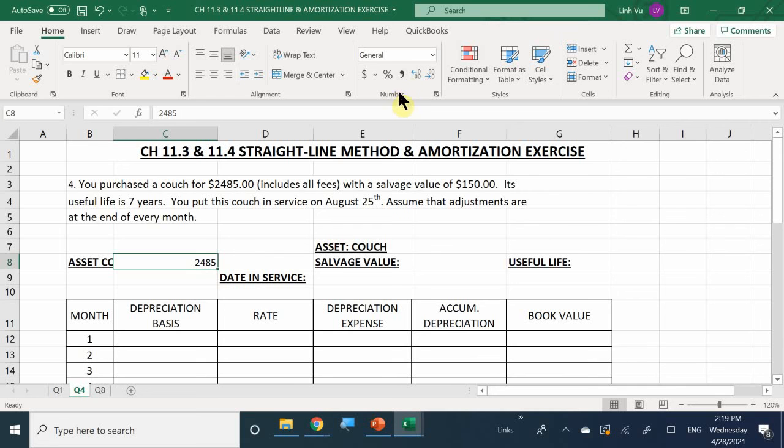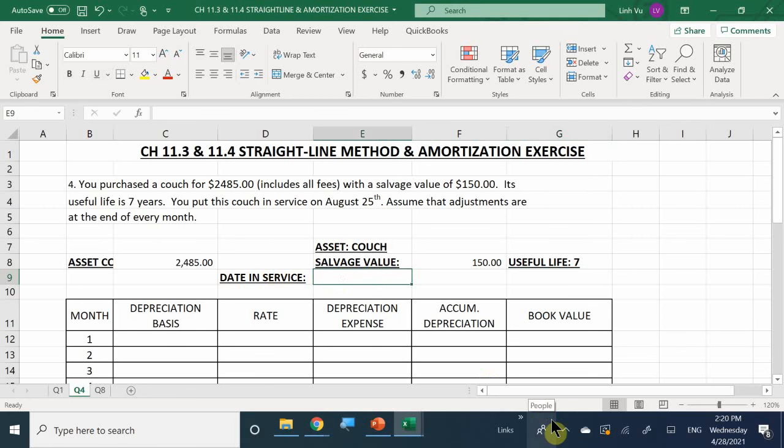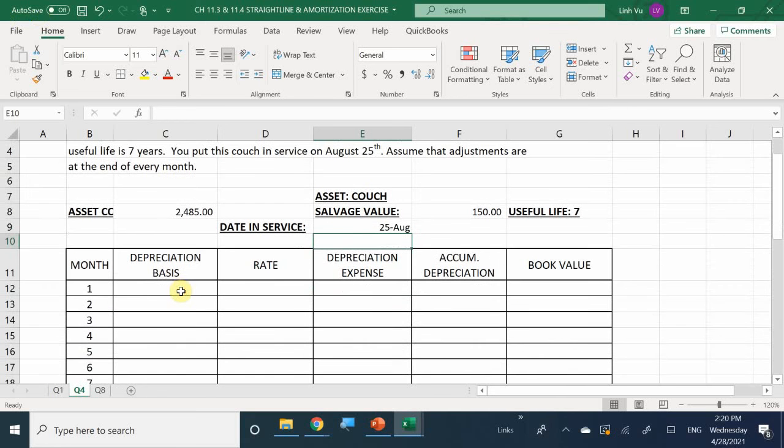What's the salvage value? 150. Yes. What's the estimated useful life? 7 years. And then, what date did I place this into service? August 25th. So, let's talk about the first month.